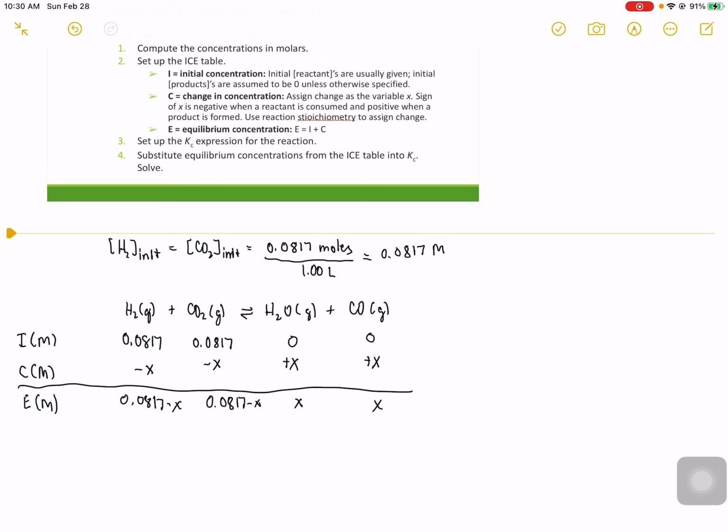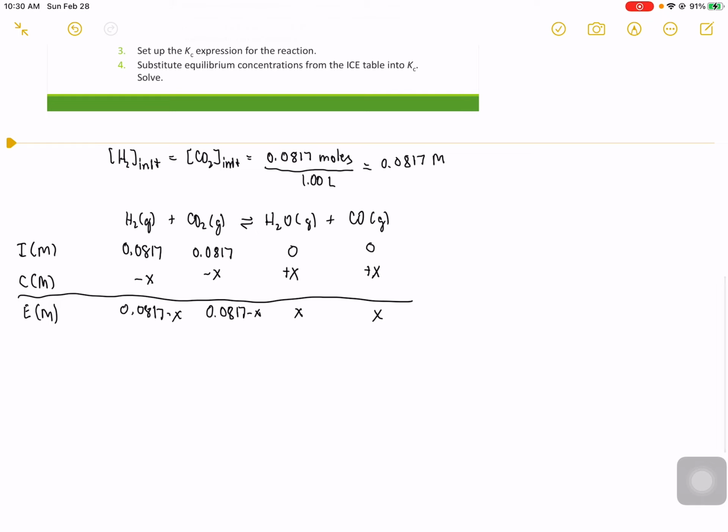With that, we are now ready to write our K sub C expression according to step 3. So for this particular reaction, the K sub C expression is given as the concentration of water multiplied by the concentration of carbon monoxide divided by the concentration of hydrogen times the concentration of carbon dioxide.